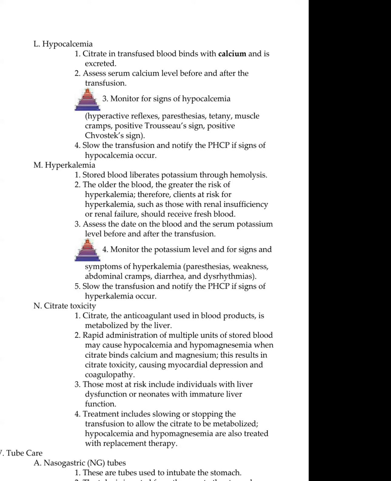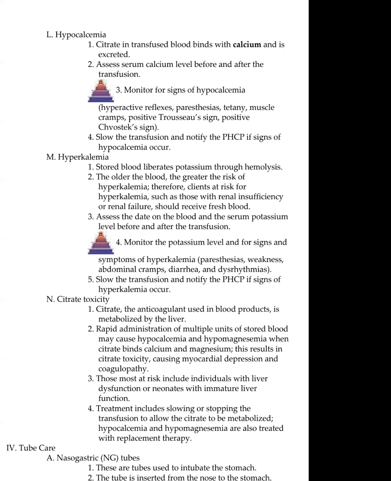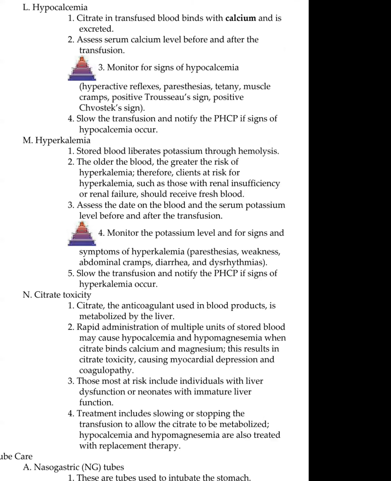When you touch the face, there will be a slight tremor and facial grimace. And in Trousseau's, what will happen? If you tie a BP cuff and inflate it, there will be inward contraction, and tetany, that is the convulsion-like movement of the body. Tremors will be there. Slow the transfusion and notify the primary healthcare provider if signs of hypocalcemia occur.